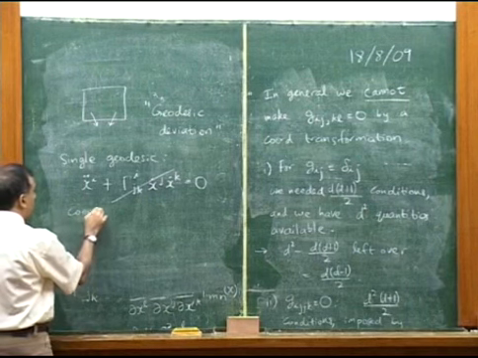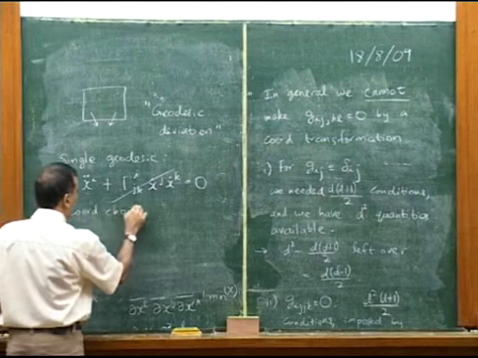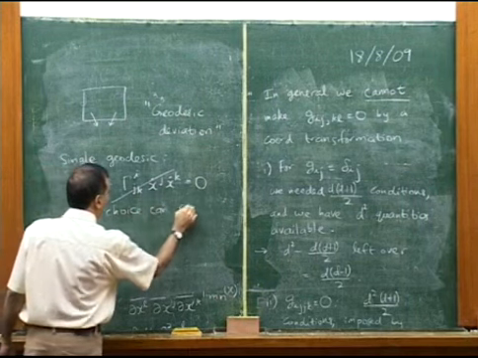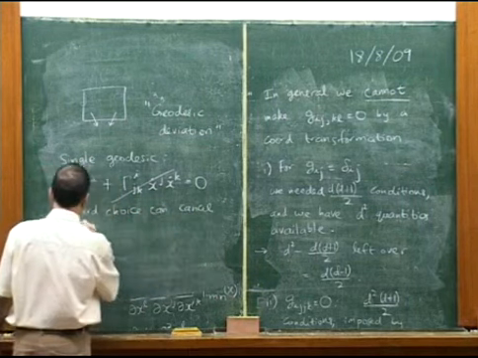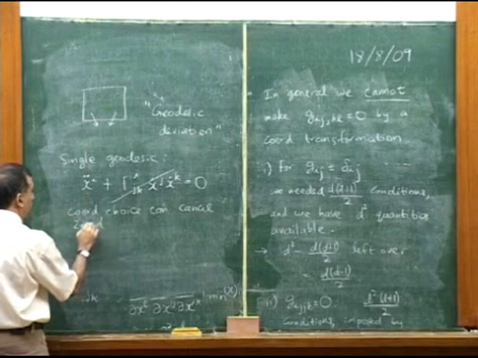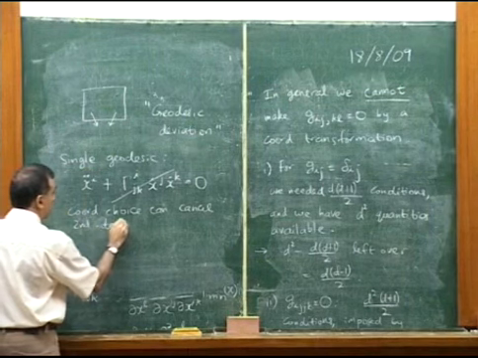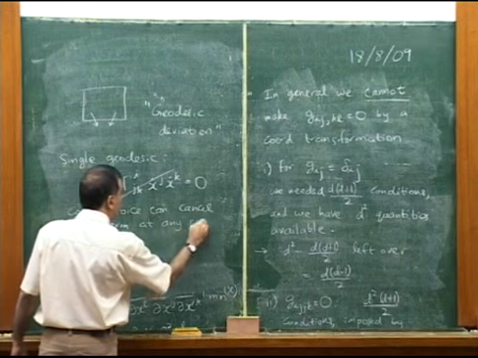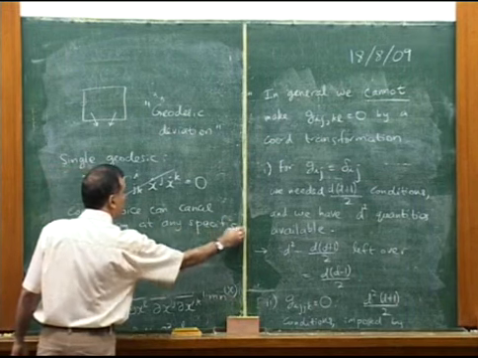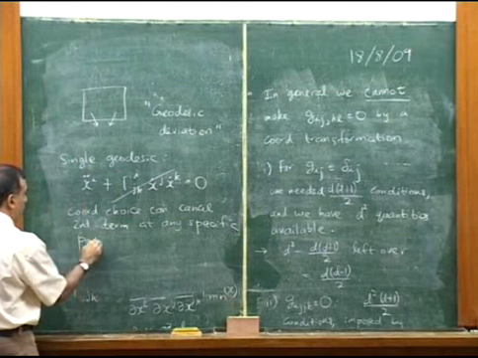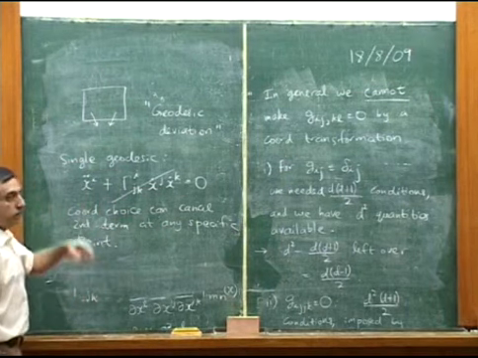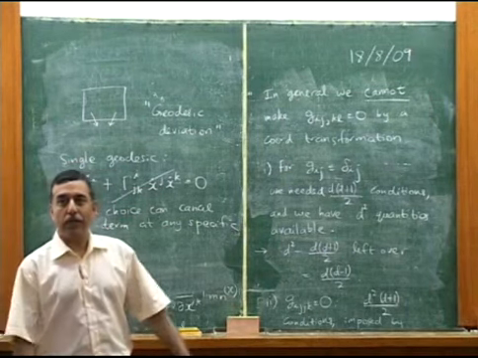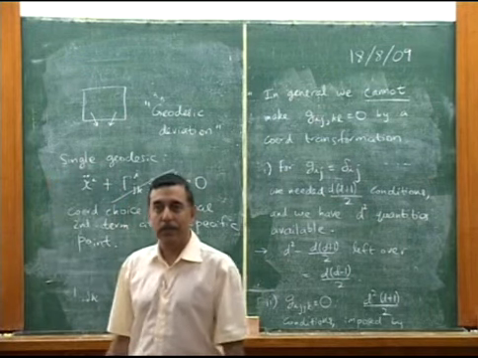Coordinate choice can cancel the second one at any specific point. So what does the geodesic equation become at that point? This.